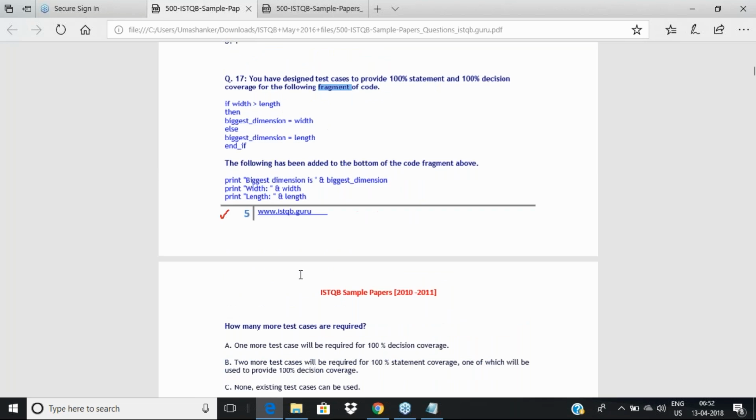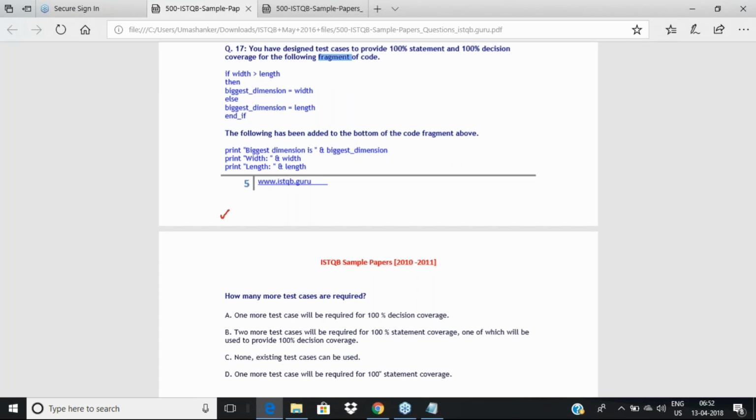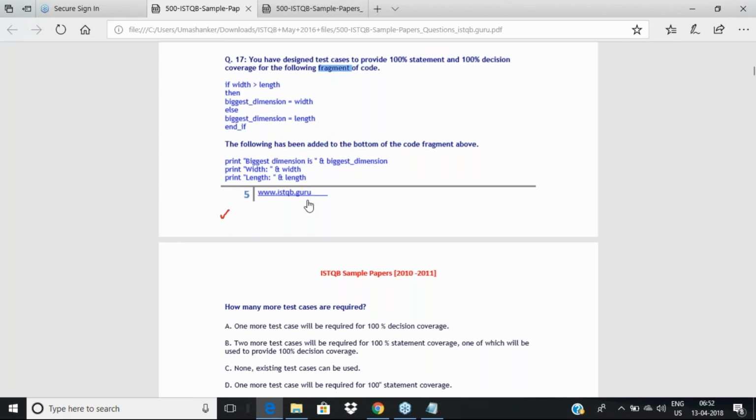For that, you need to be very clear in understanding what statement coverage is first. Statement coverage is what? The following has been added without a condition like if else, simple statements, right? Correct.